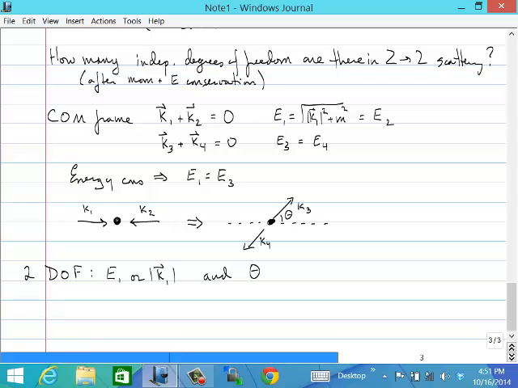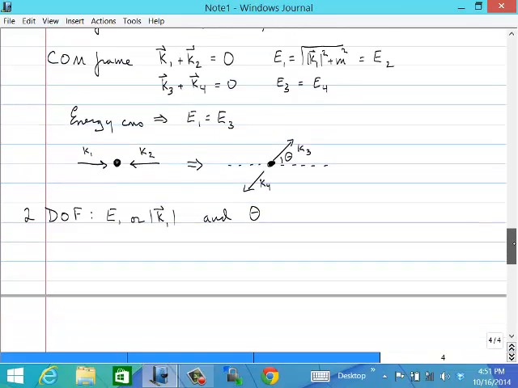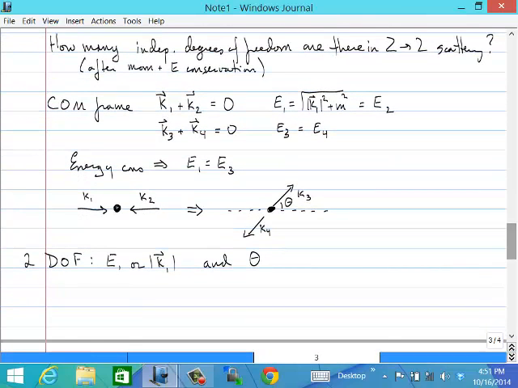And so whenever you study 2 to 2 scattering, the final answer that you get for the scattering amplitude must be expressible in terms of these 2 degrees of freedom, E1 and theta. However, these 2 variables are not really the most intelligent choice to use when you want to study 2 to 2 scattering.